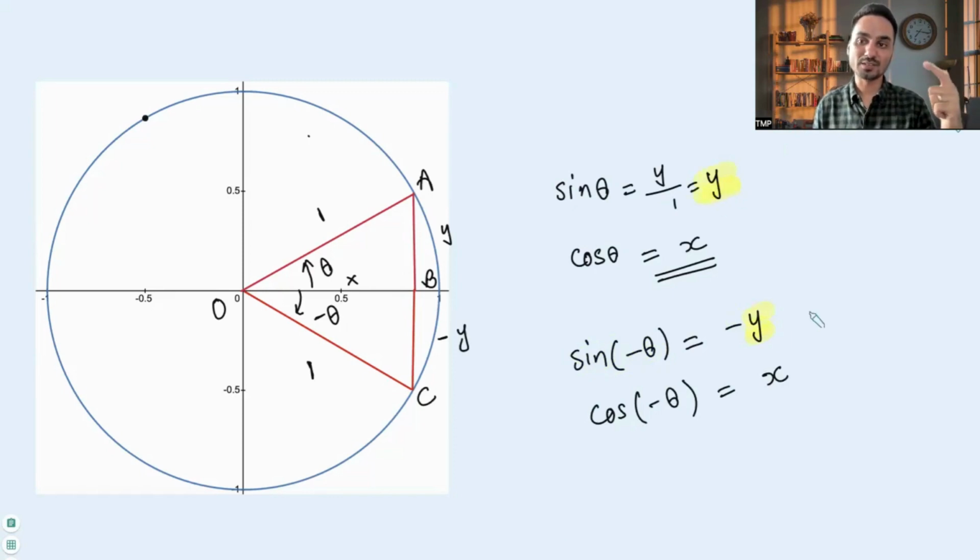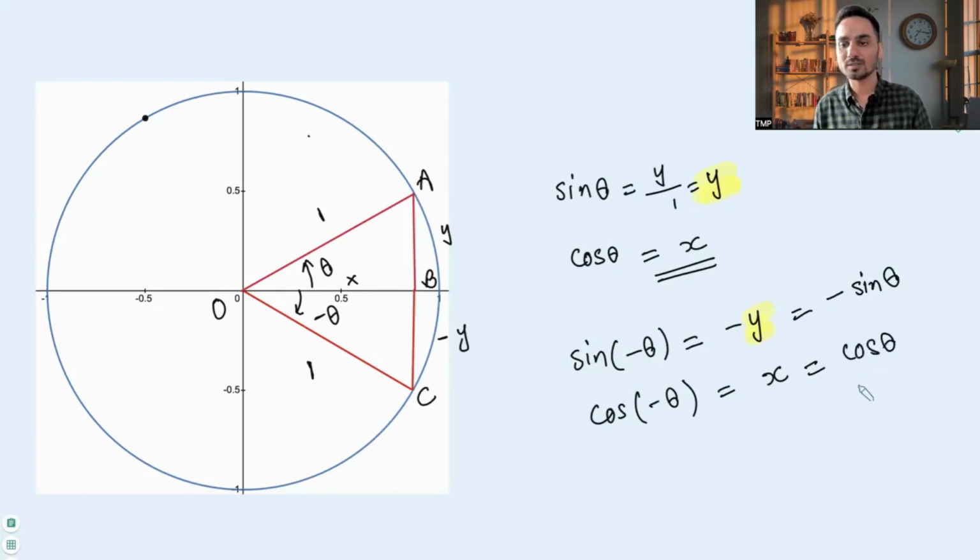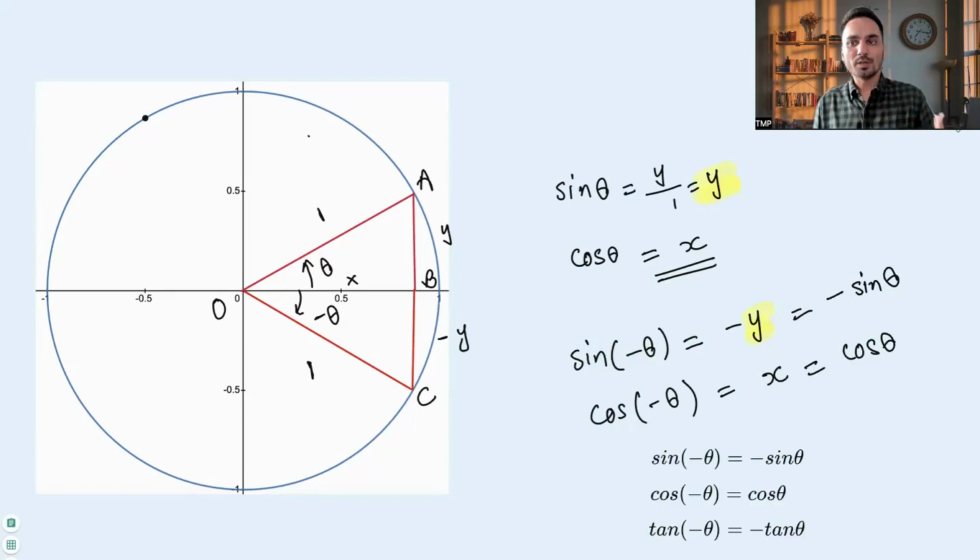That means if we replace Y with sine theta, we will get sine of minus theta equals minus sine theta, but cos of minus theta is the same as X, so that is cos theta. So from here, we can conclude that sine of minus theta is the same as minus sine theta, cos of minus theta is cos theta, and tan of minus theta is equal to minus tan theta.